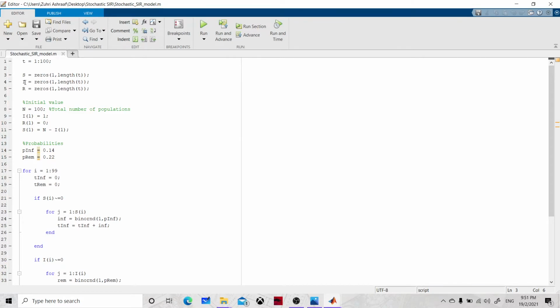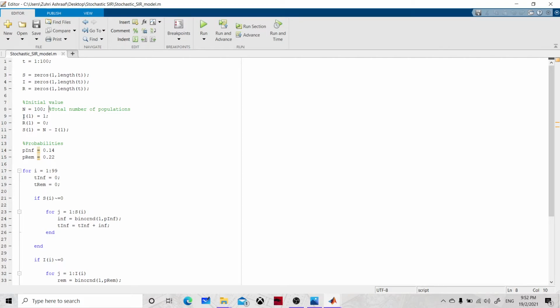The same thing goes for I and R. Okay, the next thing that we are going to do is initialize our values. We initialize the total number of population, n. The total number of population is actually S plus I plus R. In this case, we declare the total population to be 100, therefore S plus I plus R equals 100.